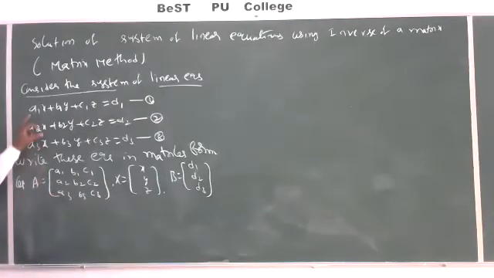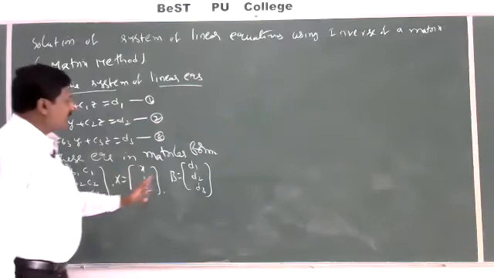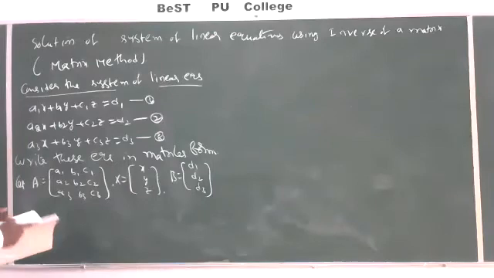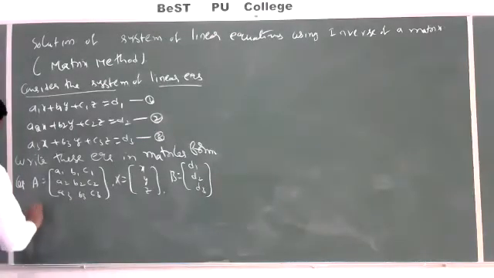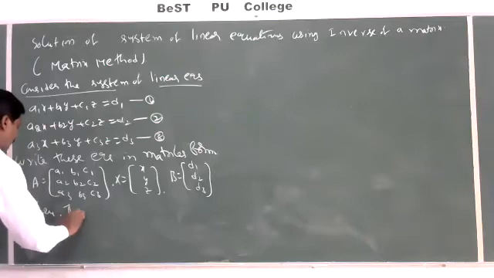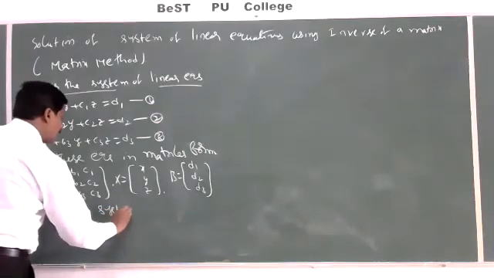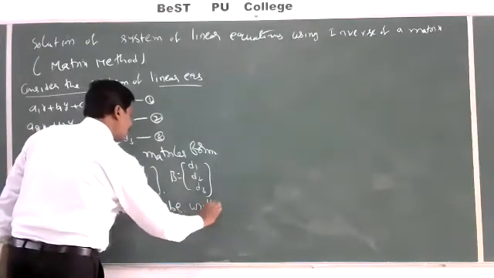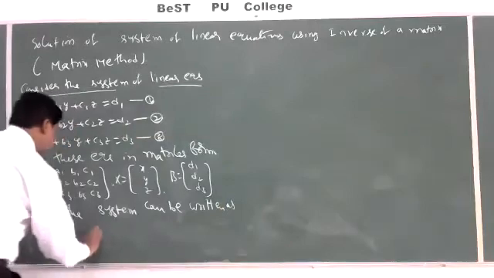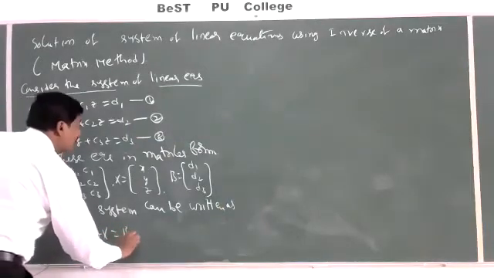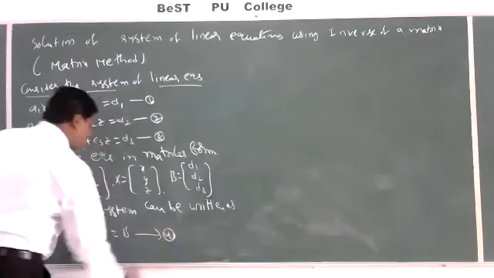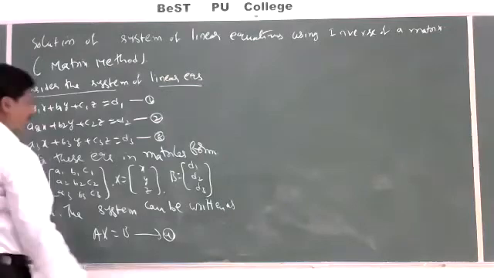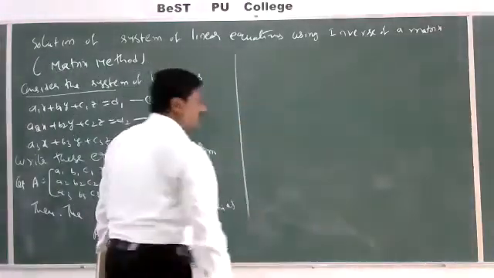Here A is called the coefficient matrix, X is called the variables matrix, B is called the constants matrix. Then the system can be written as AX equal to B. Now we have to solve this equation.